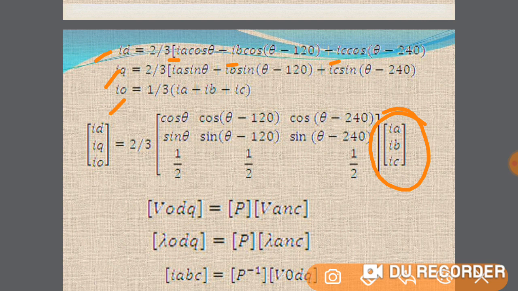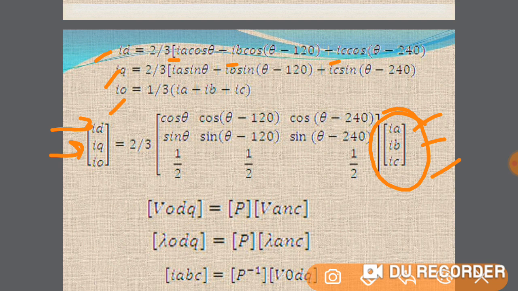Thus we get the equation of D, Q and 0 in terms of IA, IB and IC. So you see how easy it is now for the two variables to be represented in the form of three variables. This was the simplification technique or mathematical model given by Park.